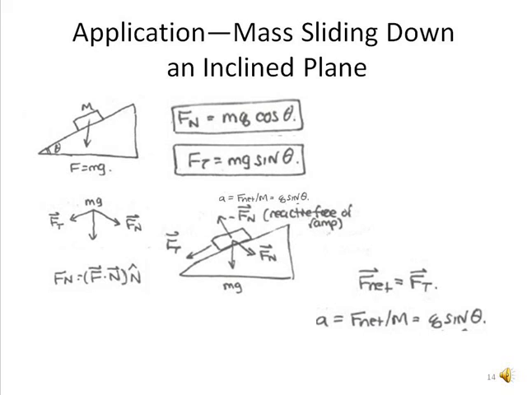Now, by Newton's third law, we know that a reaction force is produced when two bodies interact. In this case, the two bodies are the block and the ramp. The ramp, being a rigid body, will exert a force equal to Fn in the opposite direction.